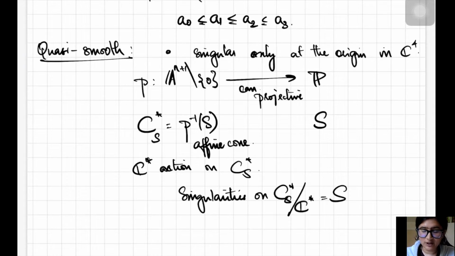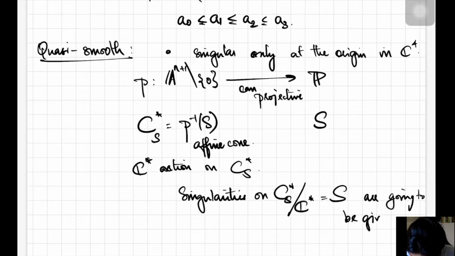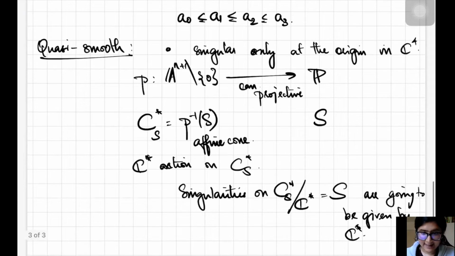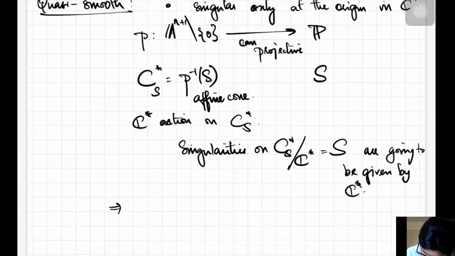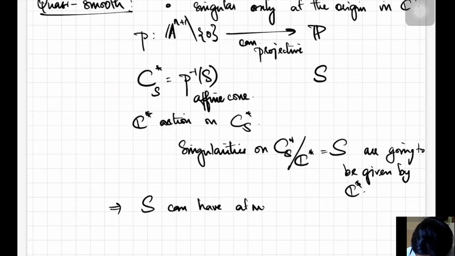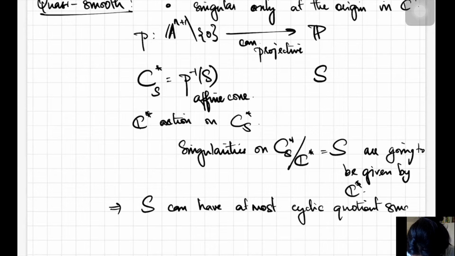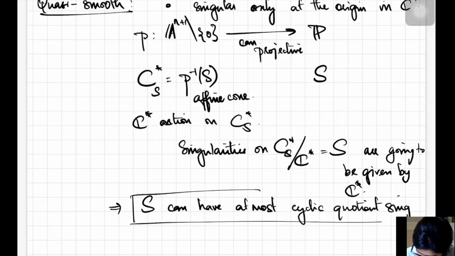So the only singularities you can have on the surface that you start off with are going to be given by your C star action. This is exactly why your surface can have at most cyclic quotient singularities. So this is our setup.